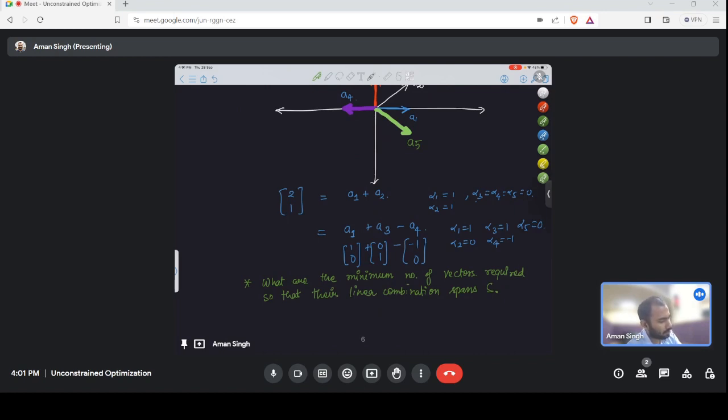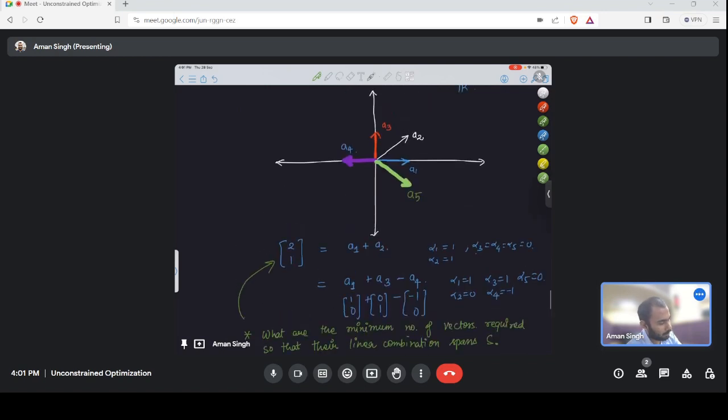Why this arises is, if you see here, you may not require all. We have A1, A2, A3, A4, A5, but A1, A2, and A3 are also sufficient to span all the vectors. So any vector in R squared you can write using A1, A2, A3 also. It turns out you can also write any vector using only A1 and A3.